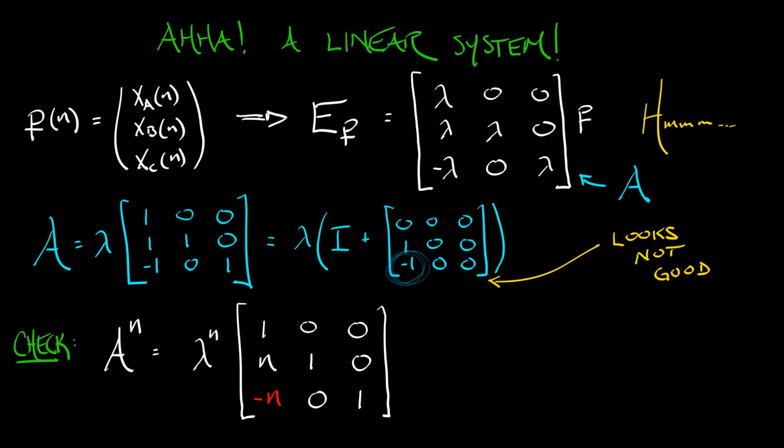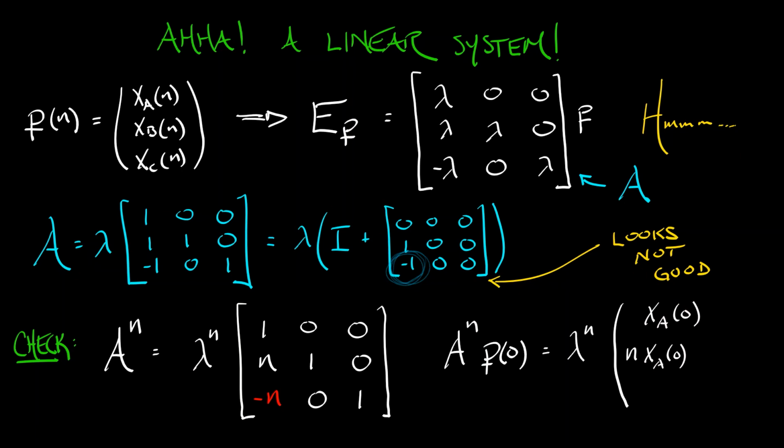Because if I apply this matrix to a vector of initial population sizes, p naught, I get lambda to the n times what? XA at time 0. Then the B population size is n times XA at time 0 plus XB at time 0. That's cool.